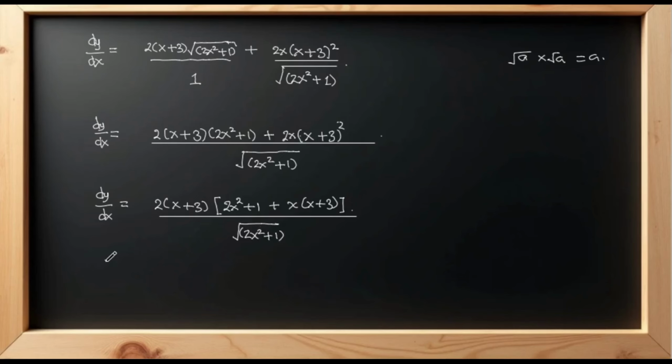Now let's do it again for the last time, and dy by dx should now be equal to, we'll write the first number here, that is x plus 3 multiplying these two, and then here we can write a normal bracket because we're going to open up this bracket, and we have here 2x squared plus 1, then x times x, we get x squared. So we have here x squared, then x times 3, we still get 3x, and close our bracket.